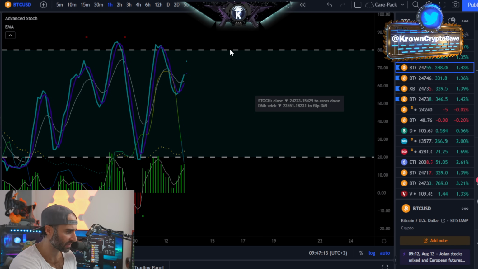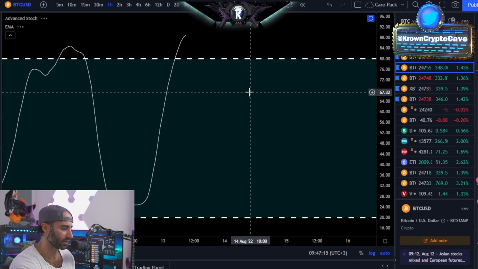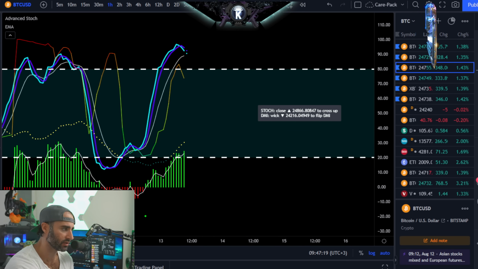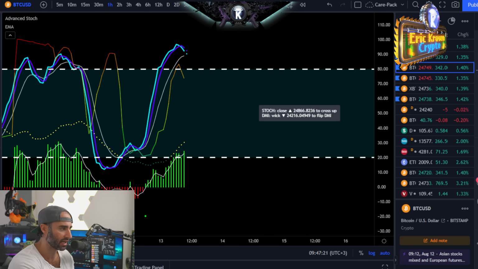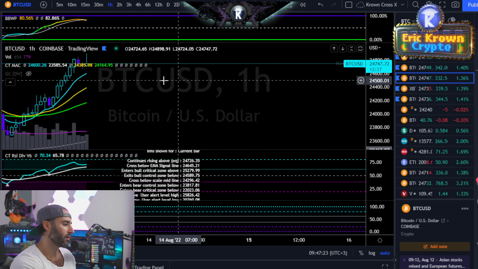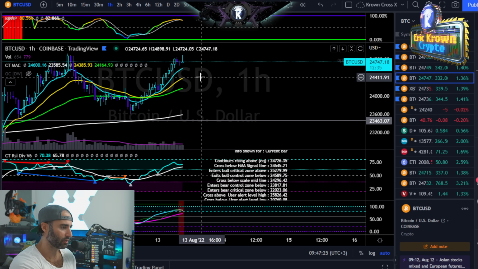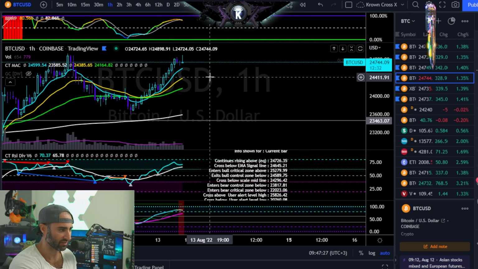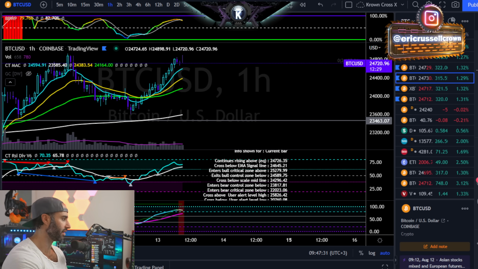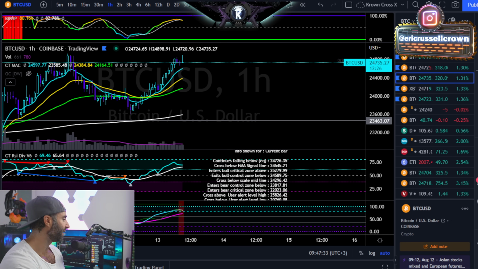So we see a lot of time frames in concert here. Hourly is going to be turning down below about 24,850. So, did Bitcoin find a short-term local high? Probably yes. Probably consolidates a little bit here, but that's okay, or at least for the bulls right now. If Bitcoin wants to pull back a little bit, it can easily pull back down to like 24.4, 24.5, something like that. That is completely fine.